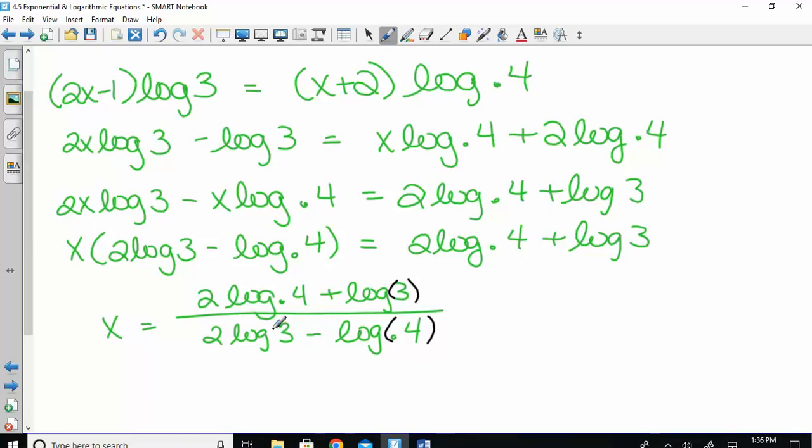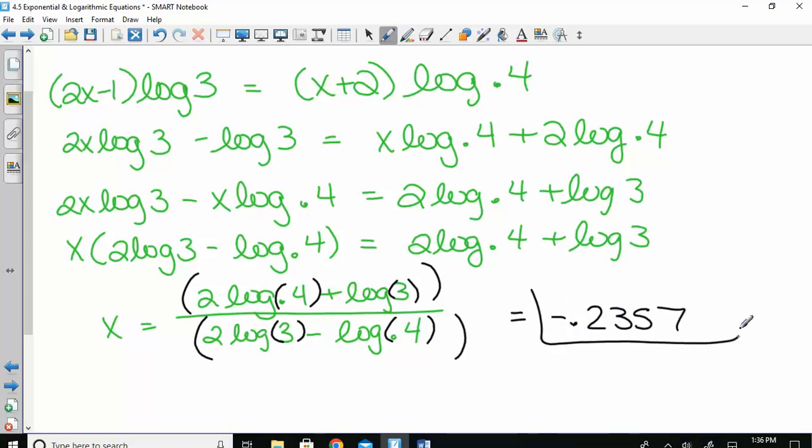Every time you push the log, you have to make sure you close those, and then around the entire numerator and the entire denominator. And we get negative 0.2357. See? Told you you could do it.